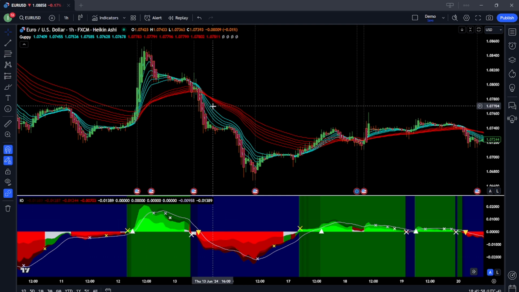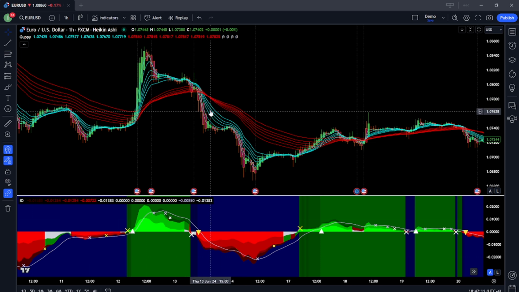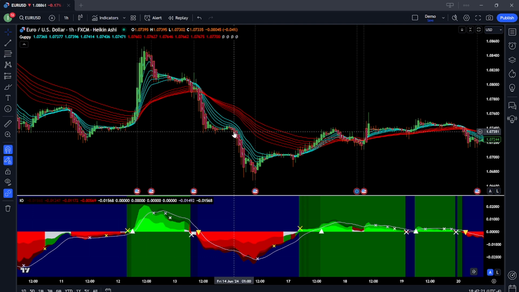To clarify if they agree or not, we should always make sure there's a gap between the red group and the blue group. If you see a gap formed here, and this Ichimoku oscillator is red, you can make an entry.